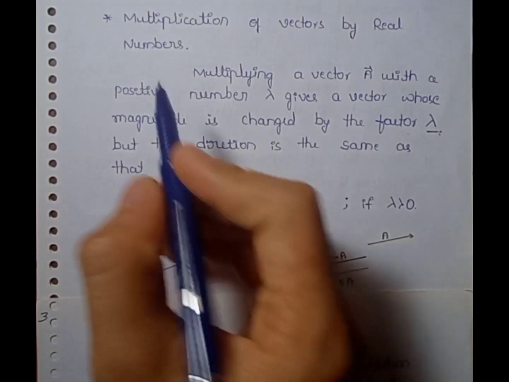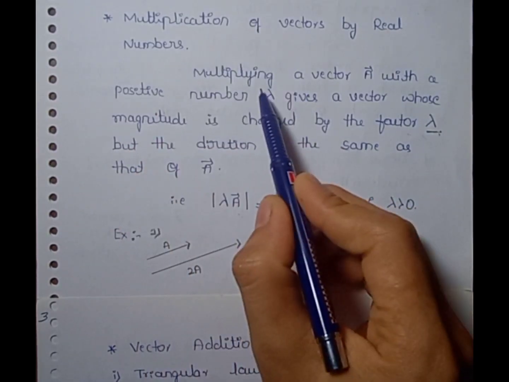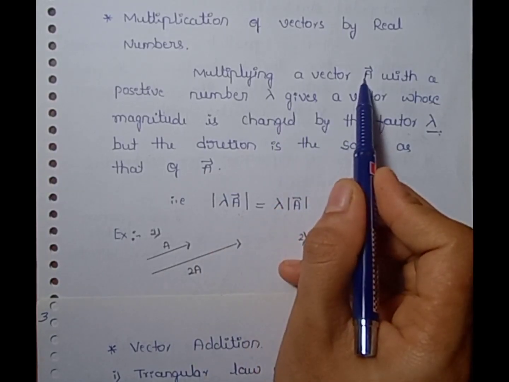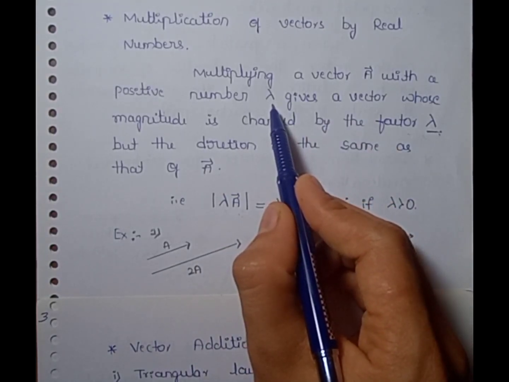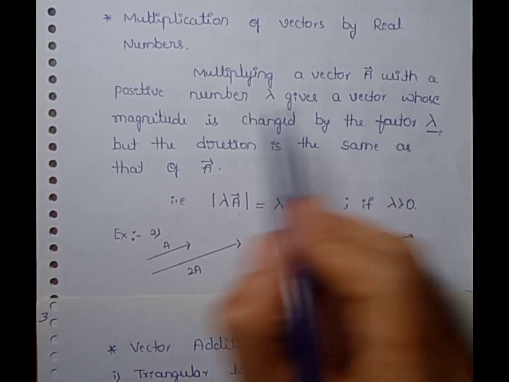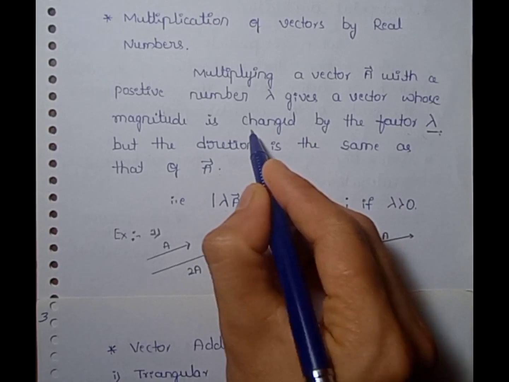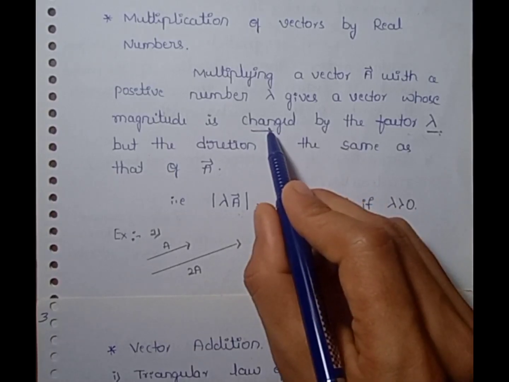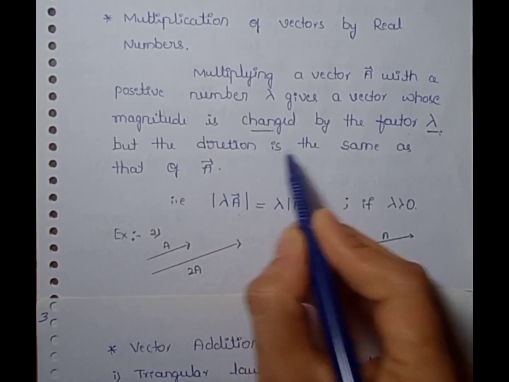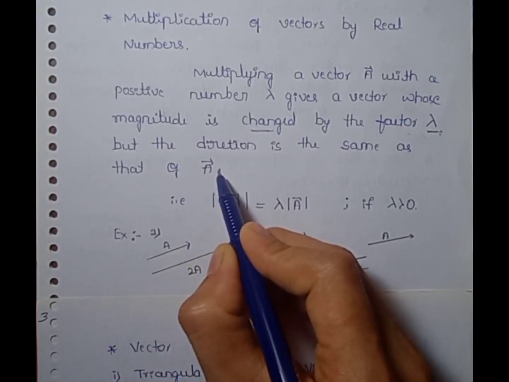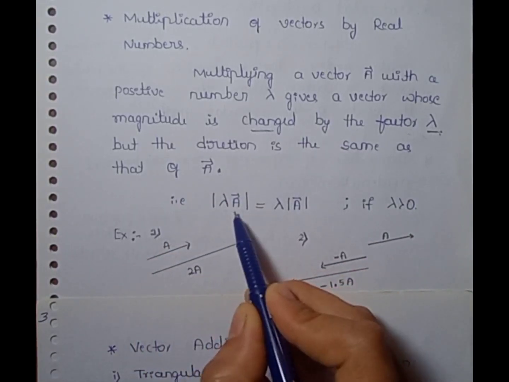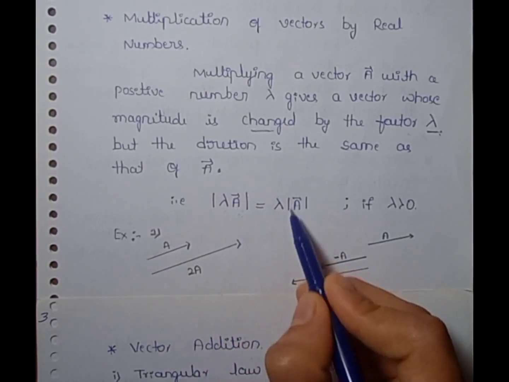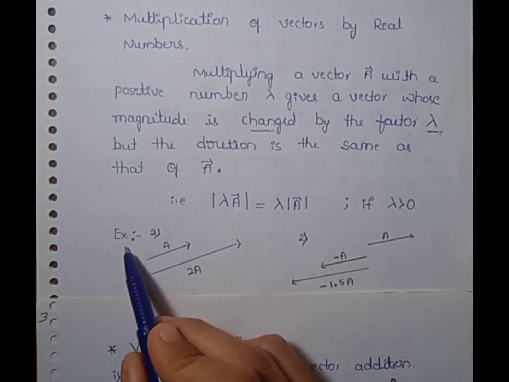Next it is multiplication of a vector by a real number. Multiplying a vector A with a positive number lambda, which gives a vector whose magnitude is changed by the factor lambda, but the direction is the same as that of vector A. That is lambda into vector A. Magnitude of lambda into vector A is equal to lambda into magnitude of vector A. Let us consider an example.